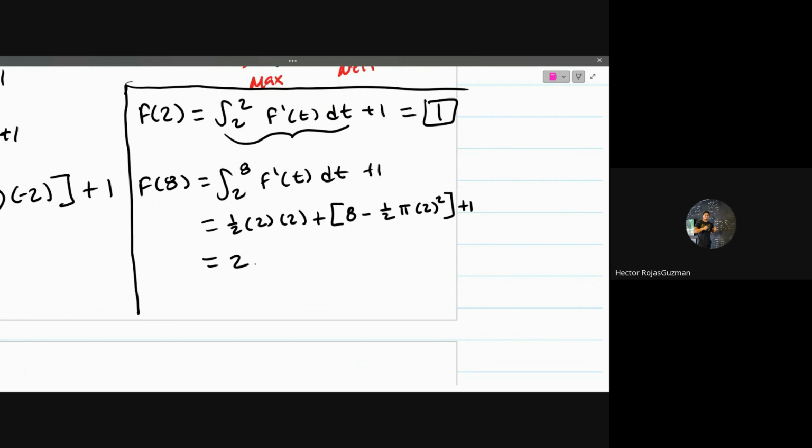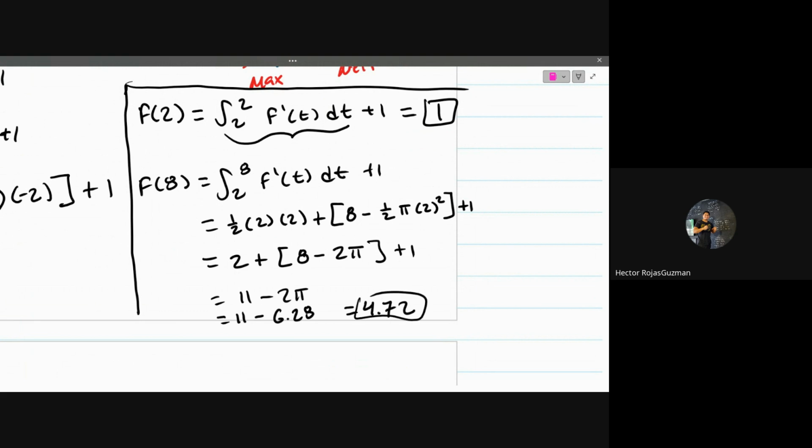This gives me 2 plus 8 minus 2 pi plus 1, which is 11 minus 2 pi. Now, we don't have a calculator in this section, right? So you have to make sure you understand what this is. Pi is 3.14. So this is basically 11 minus 6.28, which is approximately 4.72.